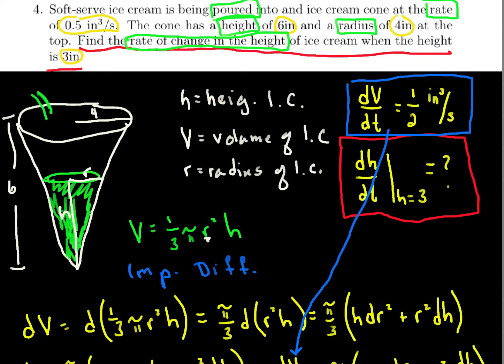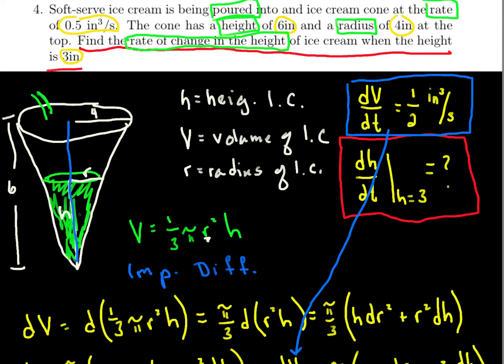That was information given to us in the problem. Now it could have been extraneous, but it seems suggestive that this may give us a helpful relationship between r and h. And sure enough, if I look at this, I've got these similar triangles.